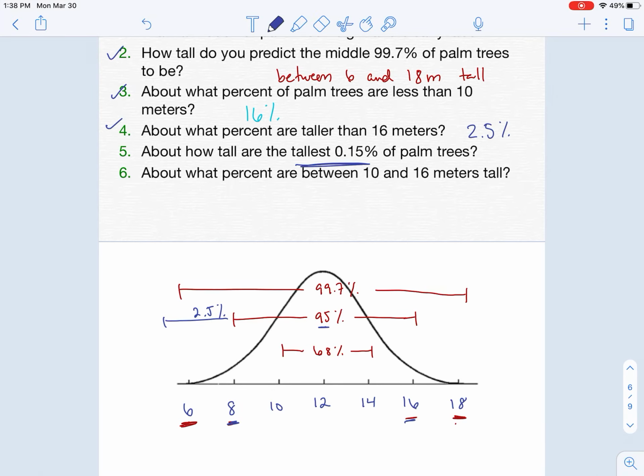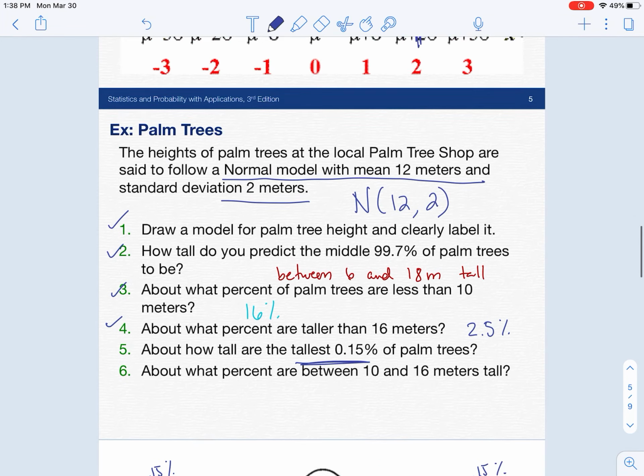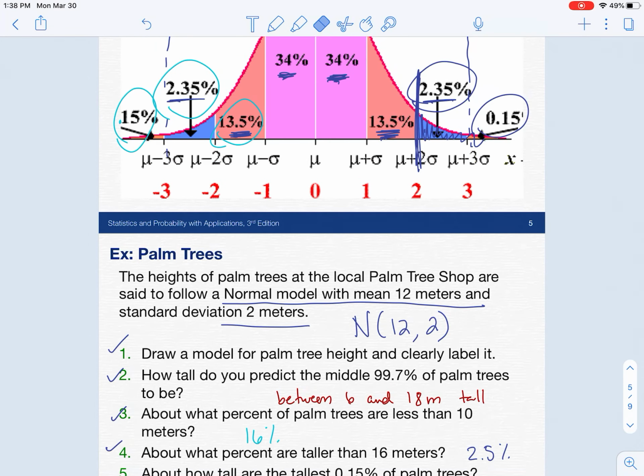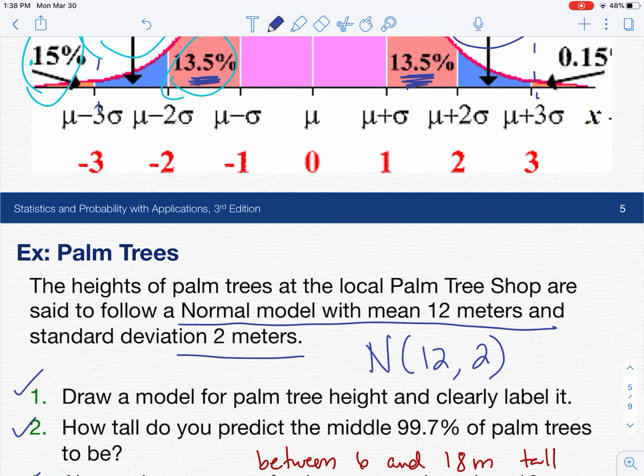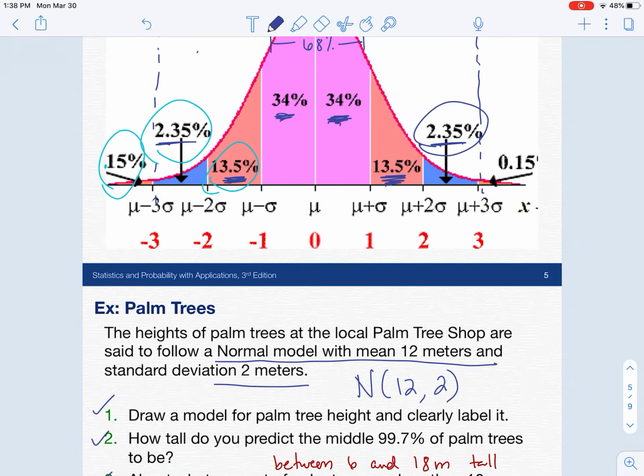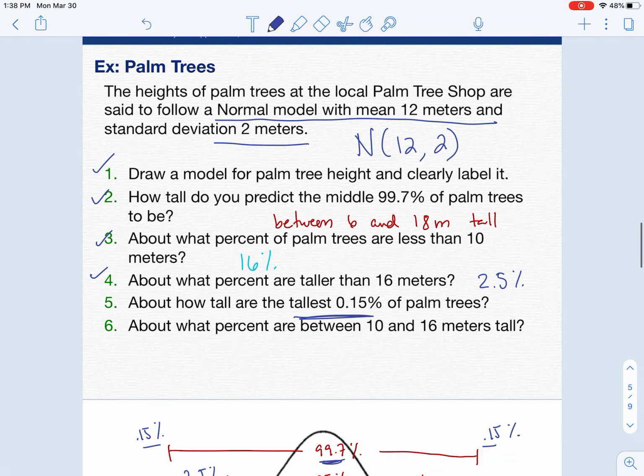How tall are the tallest 0.15%? So the middle 99.7 means I've got a total of 0.3 in both tails. So I have 0.15% in each tail. This teeny tiny tail is 0.15%. I can see that up here in this chart too. This teeny tiny tail right here, whoa, major zoom, is 0.15%.